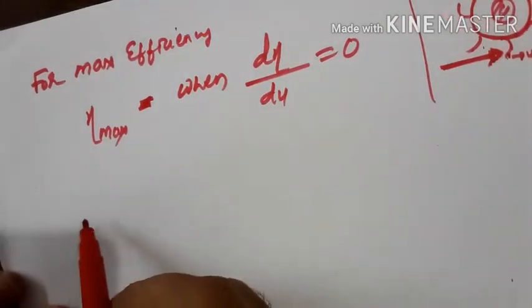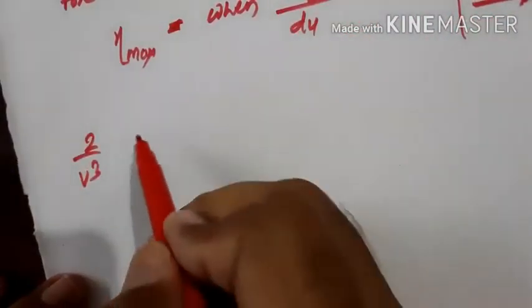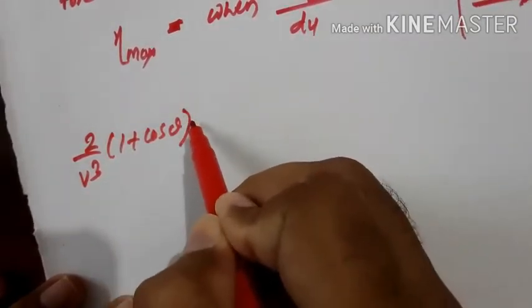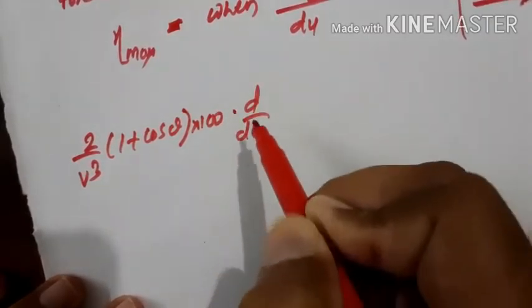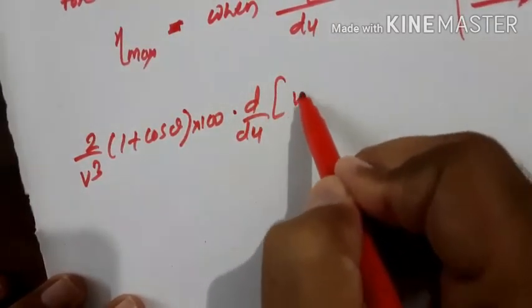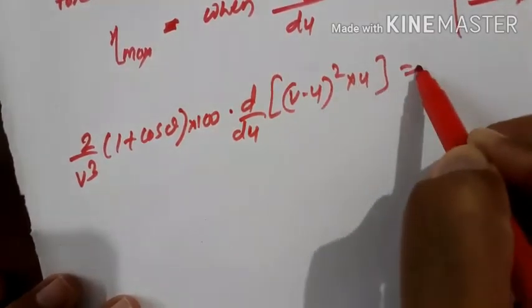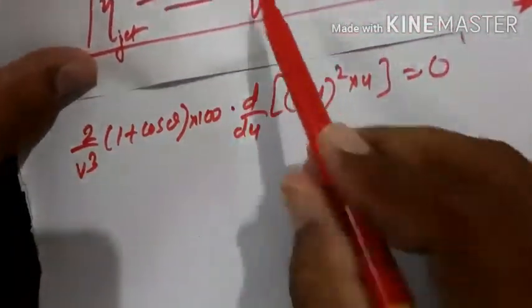Then 2 divided by V cube, from the above equation, (1 plus cos theta) into 100, then d by du of (V minus u) whole square into u equals 0.